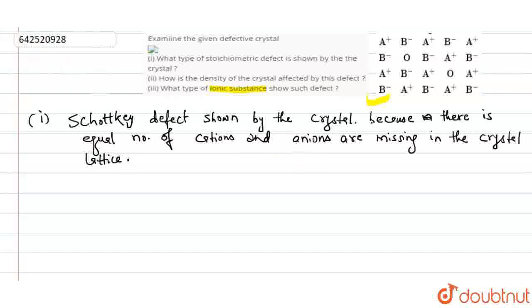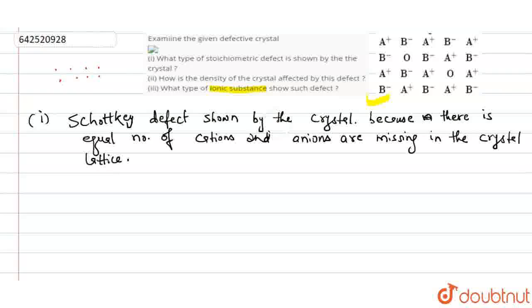What is lattice? If you don't know what is lattice, a lattice is an ordered array of points describing the arrangement of particles that form a crystal. Okay, so it is an ordered array of points which helps to make a crystal, and in chemistry we call it crystal lattice.